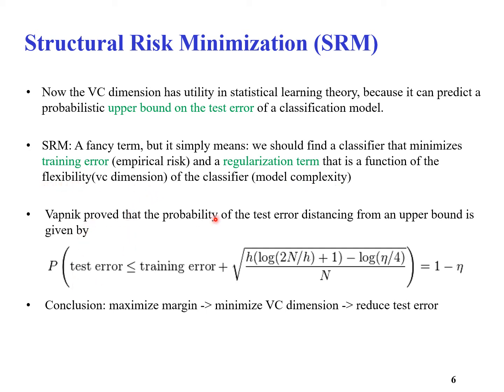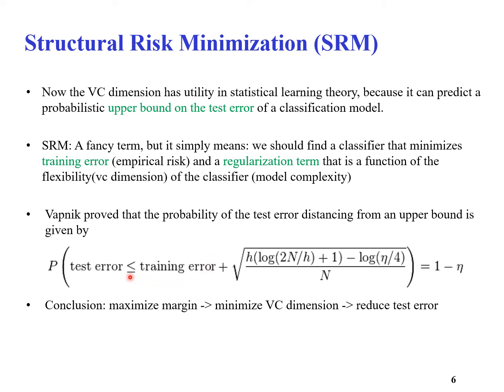And this one here is the specific formula of SRM. So we have test error and training error, and test error is what matters. Training error is the size of error when you train a classifier, okay?